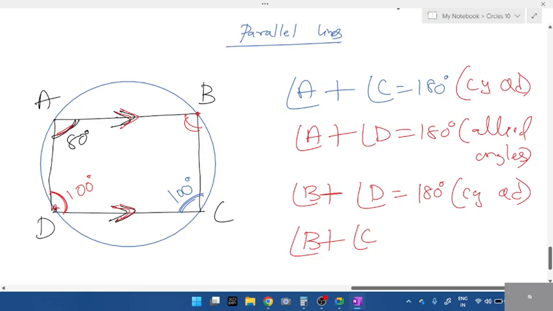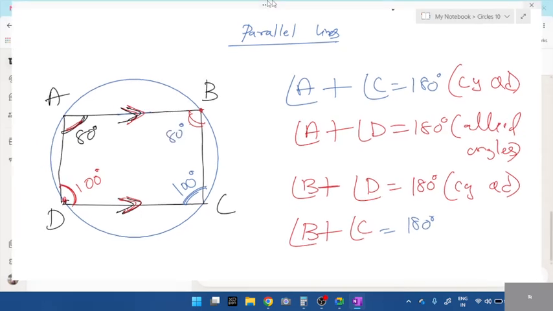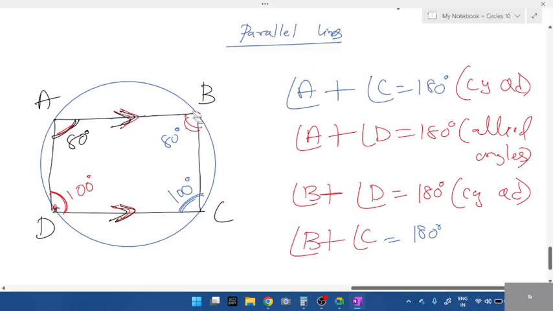Very good. Allied angle. Can you see parallel line is top and down? Therefore, these two sums should be what? 180. So it is better to use cyclic quadrilateral. Understood how to use cyclic quadrilateral along with parallel line concept? 100 degrees, 80 degrees. You don't have to write this. This is just for practice. Don't write anything.